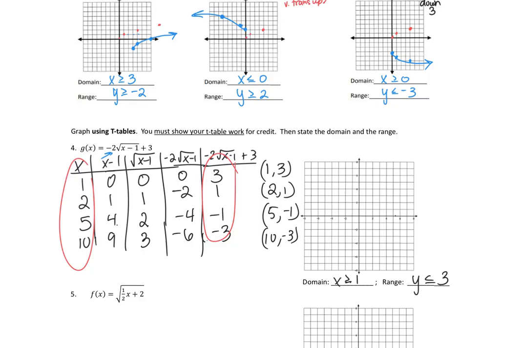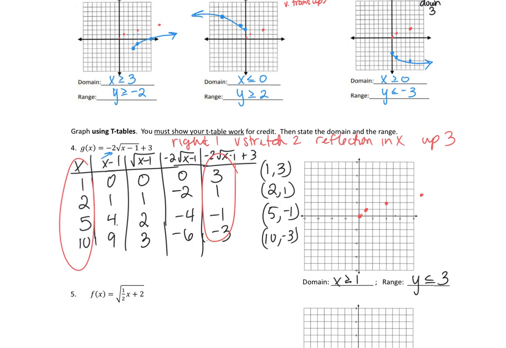Starting with 0, 0, 1, 1, 4, 2, 9, 3 is out here. So my transformation is to the right 1. Okay, so right 1. And then it's a vertical stretch of 2, a reflection in the x, and then up 3.